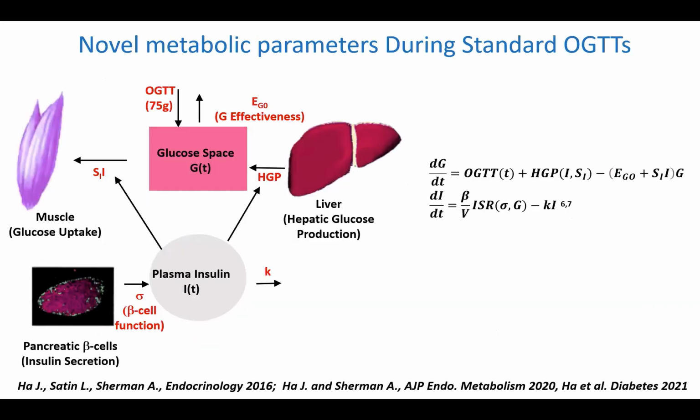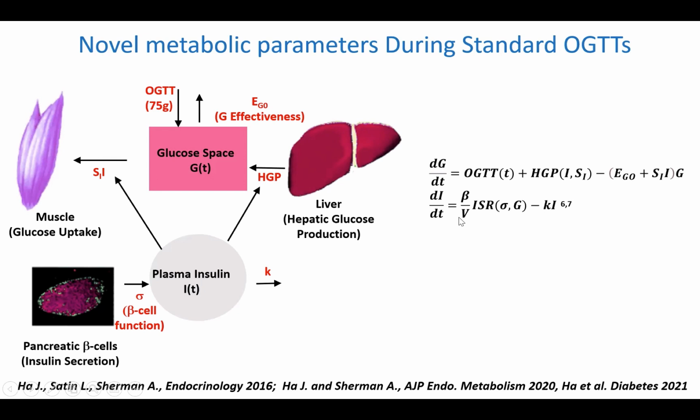Now, these are the novel metabolic parameters using the standard OGTT. This model is developed with ordinary differential equations. The glucose concentration is balanced by glucose influx from the 75 gram OGTT and endogenous glucose production from the liver, HGP, and by glucose outflux, which is insulin-independent glucose uptake, EG0, and insulin-dependent glucose uptake, SI times I. SI stands for insulin sensitivity.